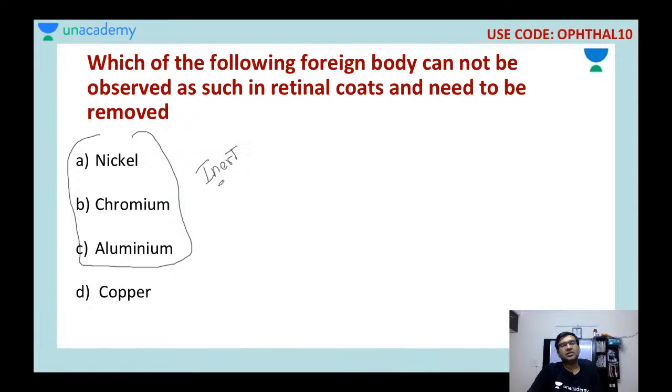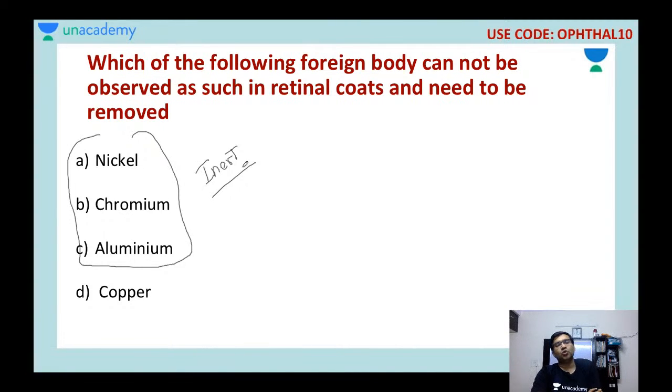If they are located around the macula, the chances are that during removal you can damage the posterior pole of the retina. Sometimes we take a decision and tell the patient, let the foreign body be there, because you are a one-eyed patient and there is a high risk of losing the vision.